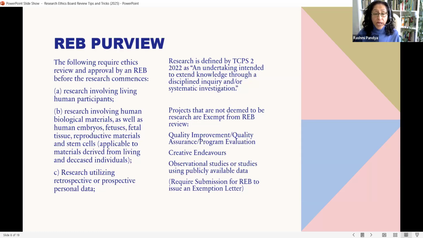Right now, because we've run into some issues with past exemptions with extensive back and forth clarifying what's exactly going to happen, we are asking for submissions of an REB application in order for us to issue an exemption letter. This is just to assure that it actually is exempt and that any questions are documented and we've got records of that. We've just had some problems with that, but also sometimes with the back and forth, it gets very confusing if it's not done in a structured way for researchers.